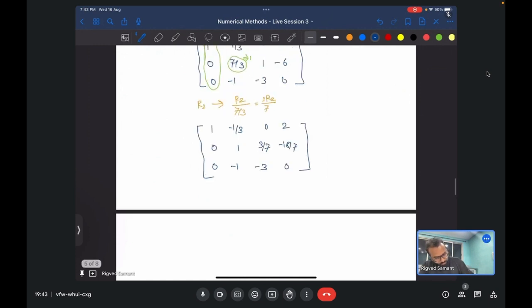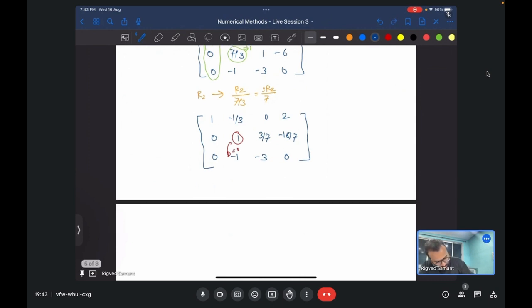The next step, using this pivot, we will make this 0. So what will be the operation? R3 would be R3 plus R2. So that will become 0, right?